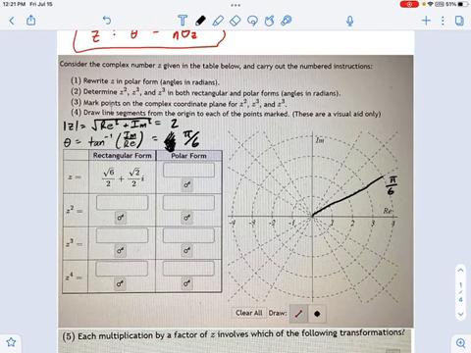This part's easy. You just say the modulus times the cosine of that angle plus i times the sine of that angle. And now it really is so easy using the power theorem to go all the way down the line here in terms of polar forms.